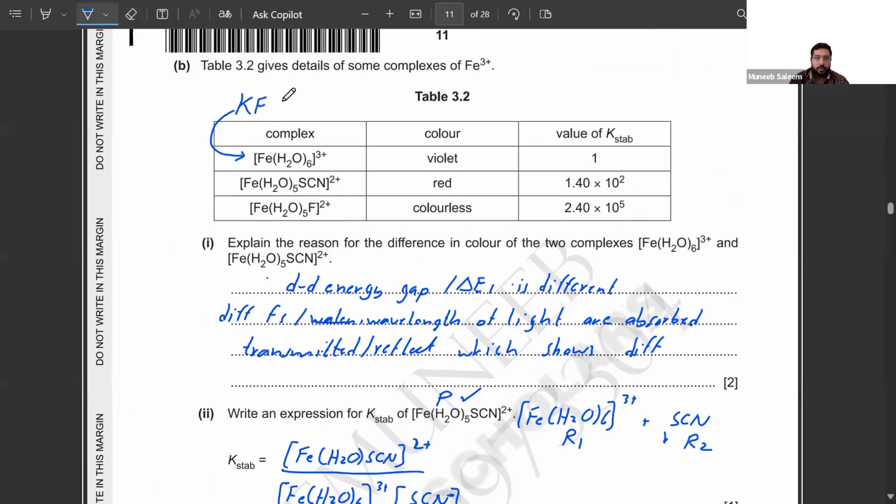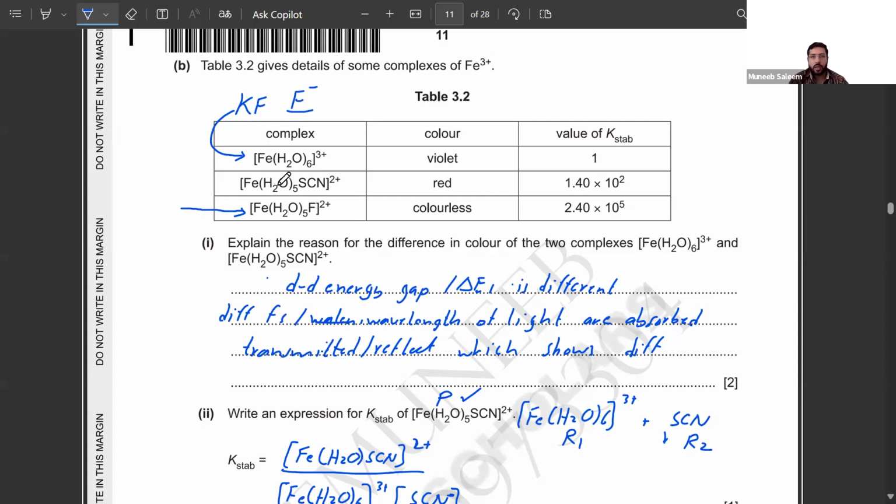Now, when we add KF, we are basically adding the fluoride ion here, which is the ligand acting over here. So basically, this should form Fe(H2O)5 F, so 5 water ligands with 1 fluoride ligand.